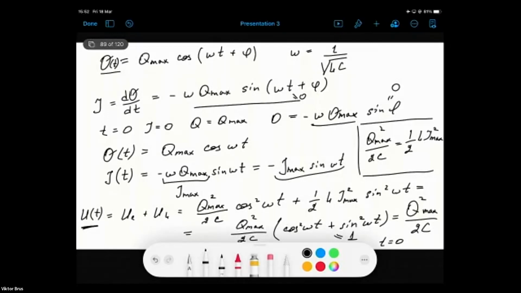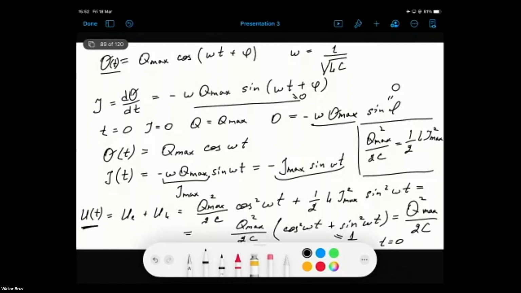We also derived it in the form of heat dissipation over resistor, when we transform completely energy accumulated in the inductor into heat dissipated over resistor.